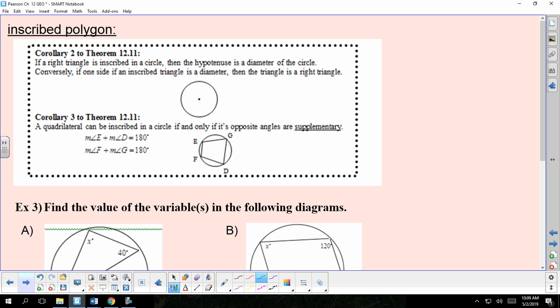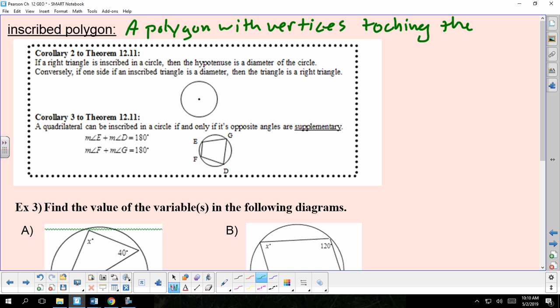All right. An inscribed polygon. So this is a polygon with vertices touching the circle.